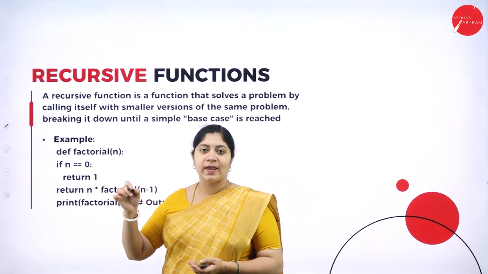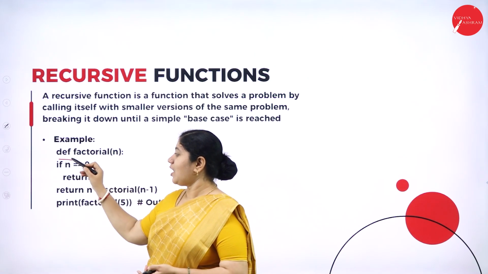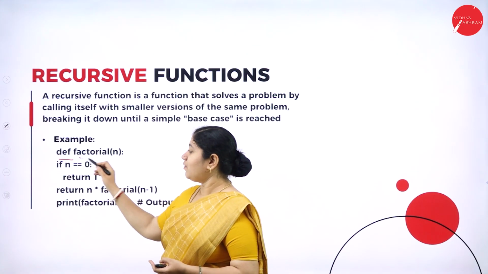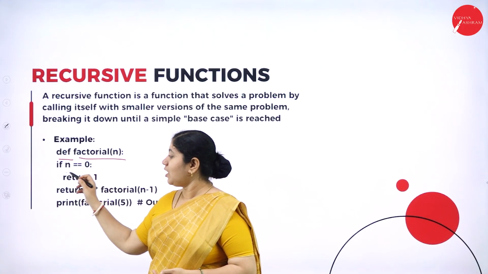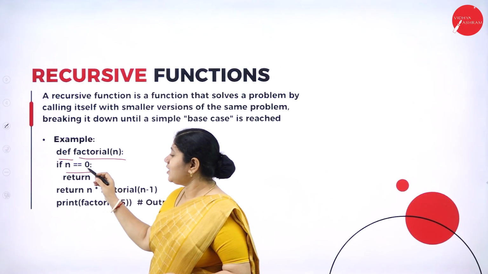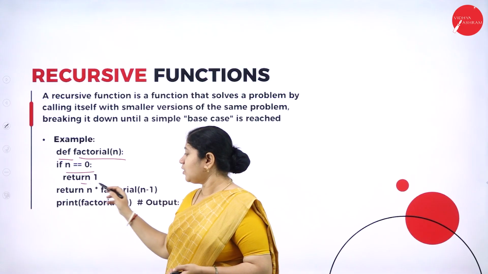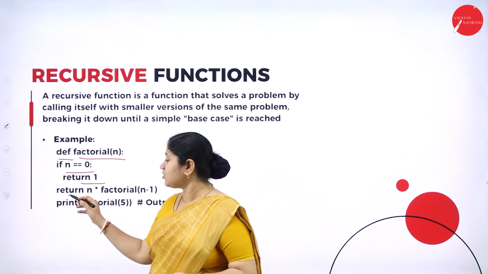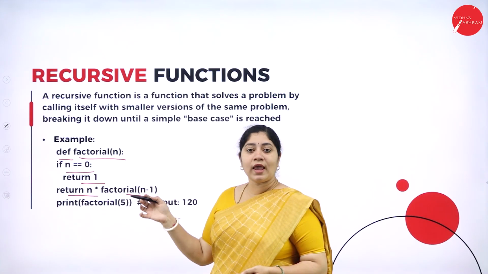Do you remember we had written the same example in our previous slides? Here we are using a user-defined function. We are defining it with the function name factorial followed by an argument n, and we are defining an if condition where we check n equal to 0, and it has to return 1. How is it broken down? It has to return n multiplied by factorial of n minus 1.